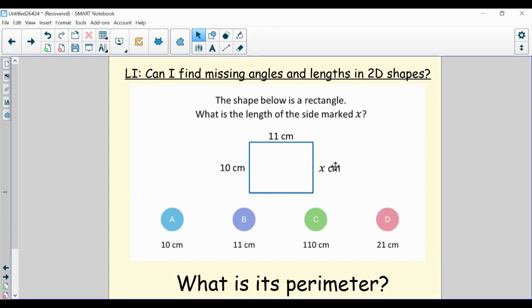If we add them together, 10 plus 10 is 20. 11 plus 11 is 22. And then add them all together, the perimeter would be 42 centimeters. That just means if I started here and I counted every length, it would be 42 centimeters.